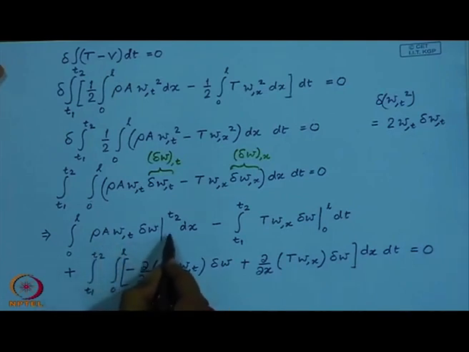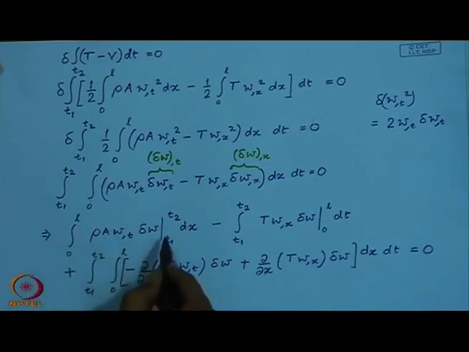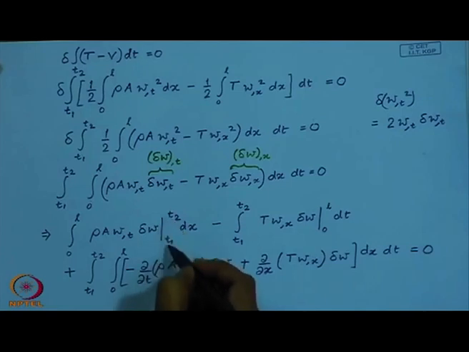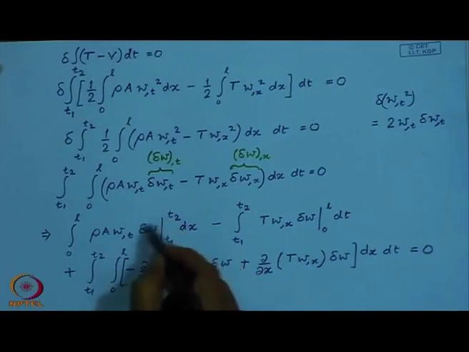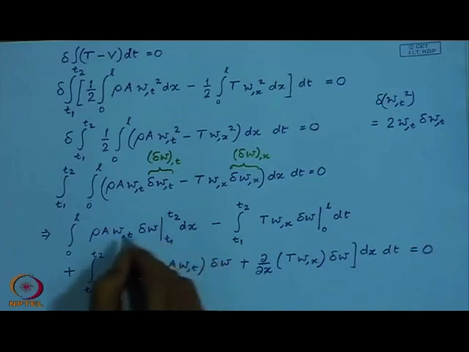Now, if you look here, this variation over the configuration at 2 time instants, this variation has to be calculated at 2 time instants. Now, if you remember the formulation of the problem in the first place, I know the configuration of the string at these 2 time instants. So, there cannot be any variation.